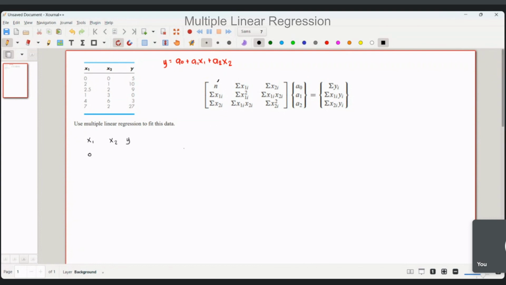So for x1, that's 0, 2, 2.5, 1, 4, and 7. For x2, 0, 1, 2, 3, 6, 2. And for our y, that's 5, 10, 9, 0, 3, 27.